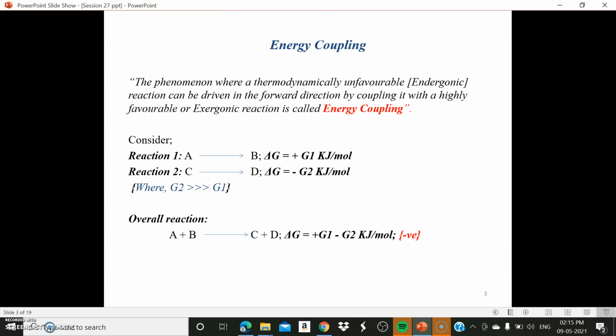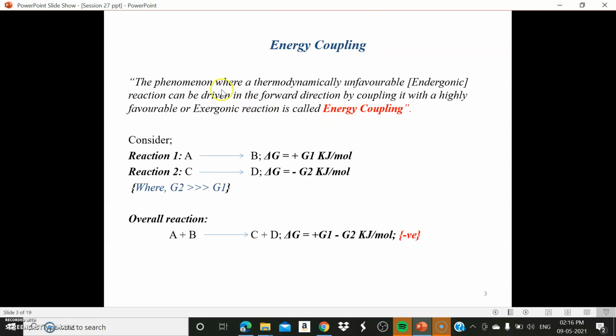Number one, exergonic, which is a thermodynamically favorable reaction. And endergonic reaction, a thermodynamically not favorable or unfavorable reaction. But we want some of the reactions in the biological system to be driven, or the reaction has to go. In such cases, we use a concept called energy coupling reactions.